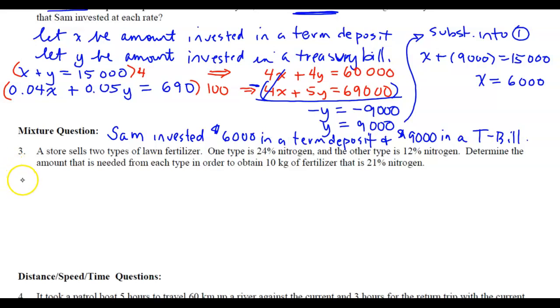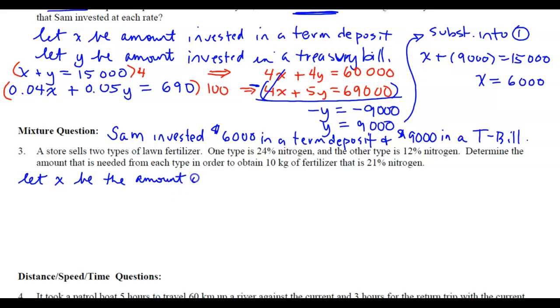Let me use X and Y again. Let X be the amount of 24% nitro fertilizer.